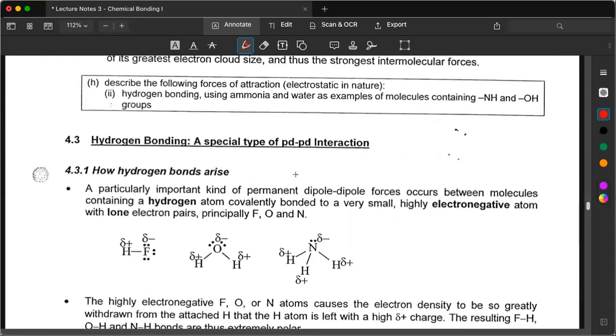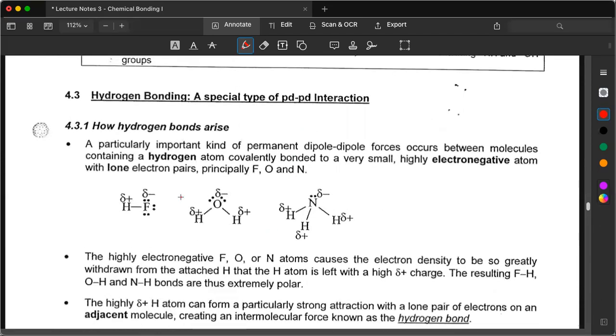Hydrogen bonding is a special type of PD-PD interaction. So how does it arise? An important kind of PD-PD occurs between molecules containing a hydrogen atom bonded to a small, highly electronegative atom with a lone electron pair.